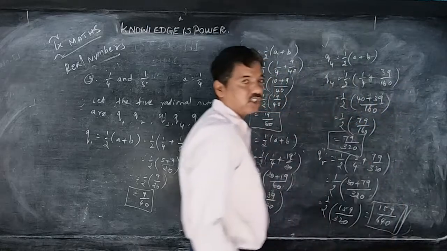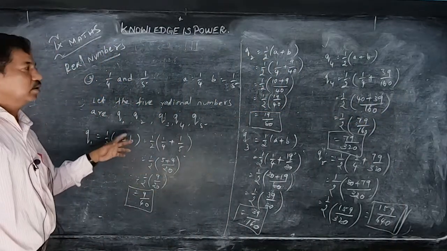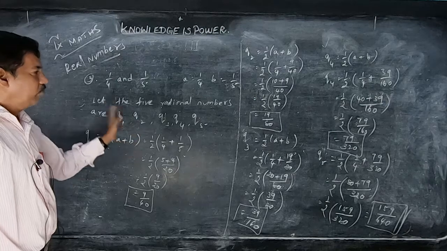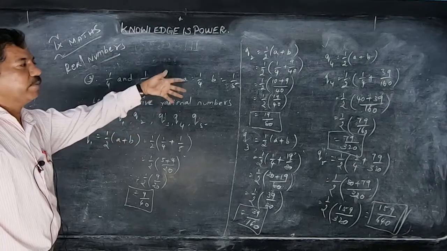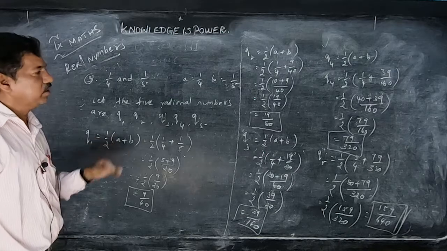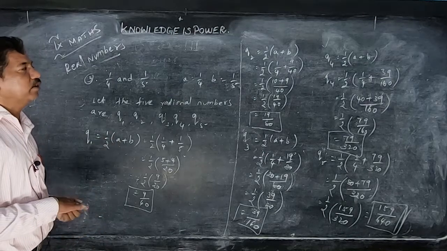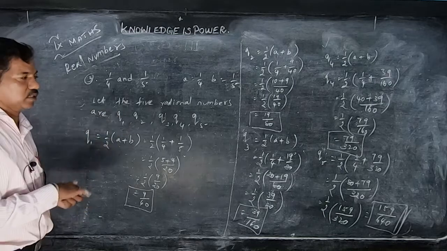This is the lengthiest question we have to follow. It will take more time to carry out the sums. Be careful in that. When you are not able to find the LCM, it will be difficult for you. Yes, 5 mark sums: find 5 rational numbers between these two numbers.